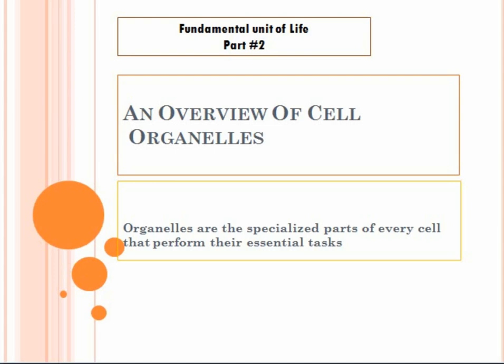Now, what are organelles? Organelles are specialized parts of every cell that perform their essential task, such that we have organs to perform tasks like breathing, eating, consuming food, etc. Cells have organelles in their cytoplasm.